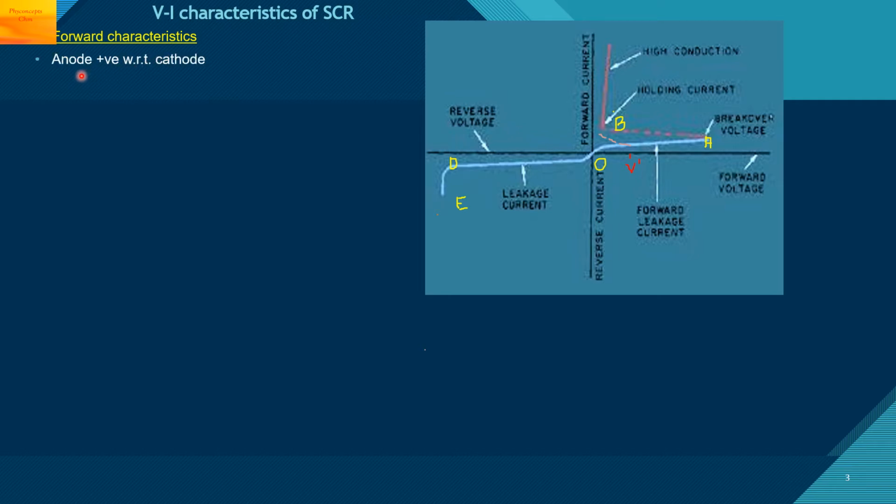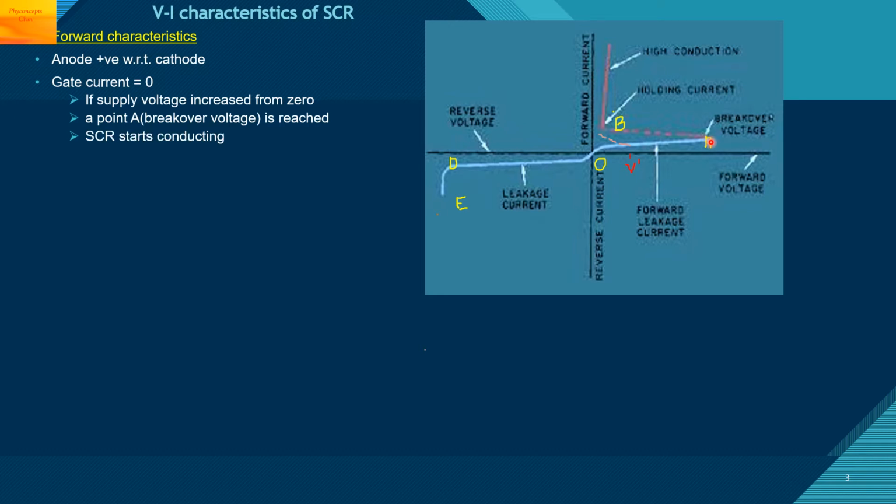Here the anode will be positive with respect to the cathode. The gate current is 0 initially. If the supply voltage is increased from 0, a point A corresponding to the breakover voltage is reached. So we start from this origin O and we are increasing the supply voltage till point A. Here we reach the breakover voltage.